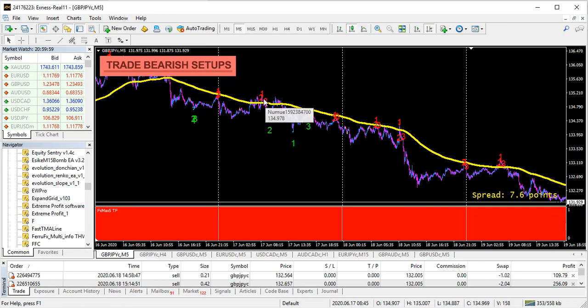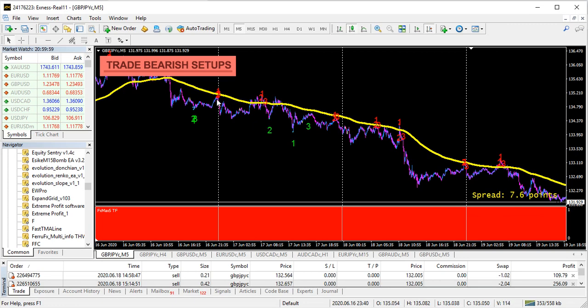Most times, price will go back to the 200 moving average before it continues, so it's good to wait for it before you take the signal. But for this sell trend that started on Tuesday, you see that it just went straight down.